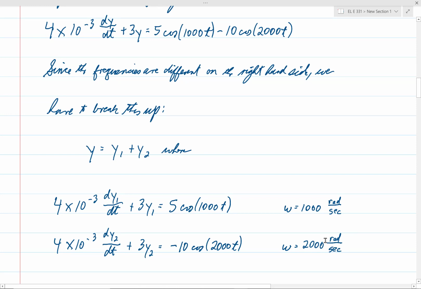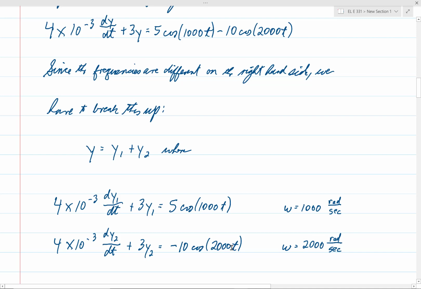And notice that I have identified over here in the margin that in the first problem, omega is 1,000 radians per second, as you can see right here. And in the second problem, the value of omega is 2,000 radians per second, as you can see right there.